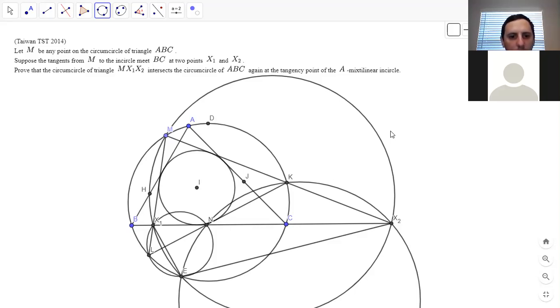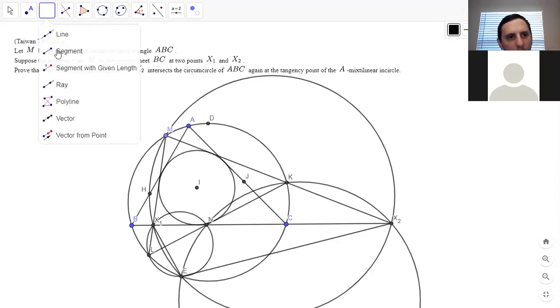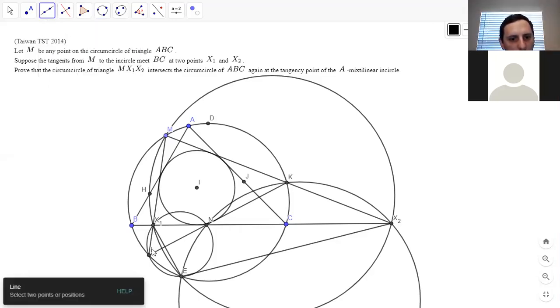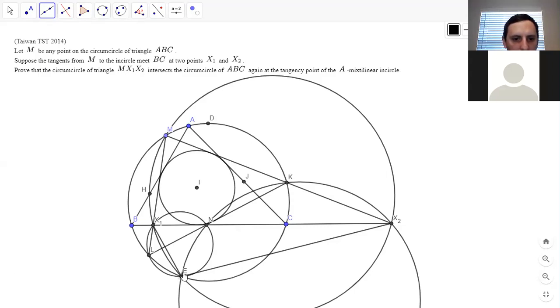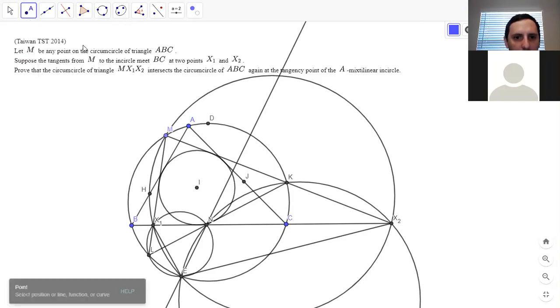I don't know. What if I drew EN? I don't think that does too much. Maybe, I don't think this is true. Maybe D is the midpoint of arc MO.